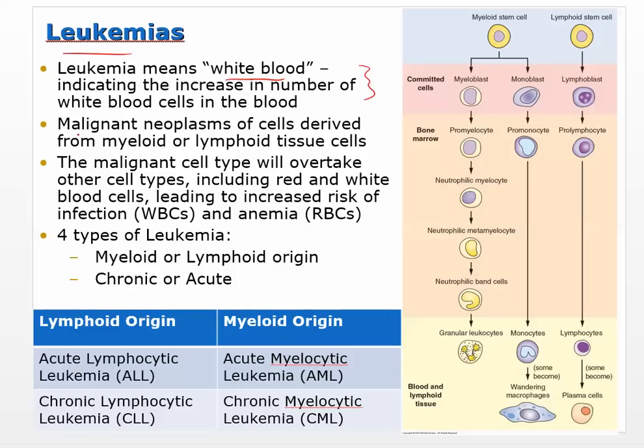Okay, so malignant neoplasms, this is what a leukemia is. It's a malignant neoplasm of cells derived from either the myeloid or the lymphoid tissue. The malignant cell type will overtake other cell types, and this is a very, very important statement.